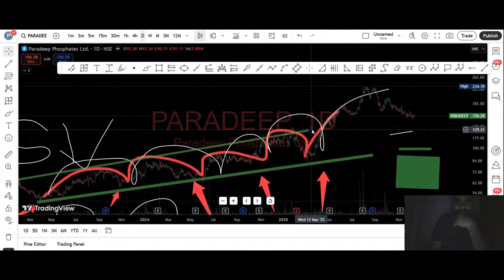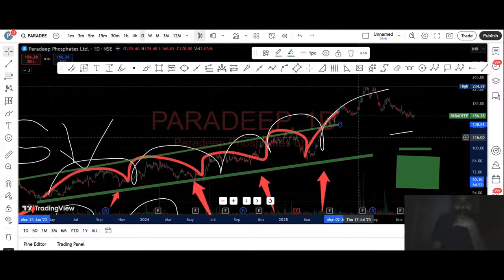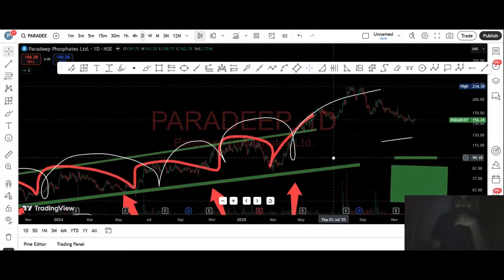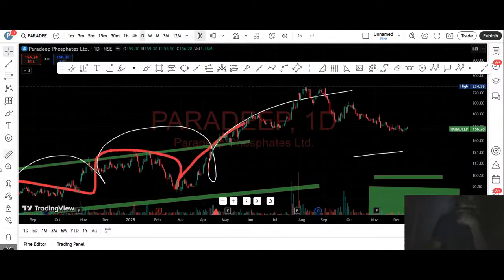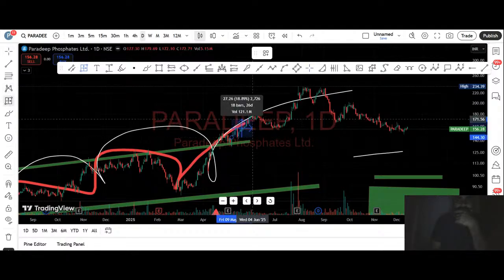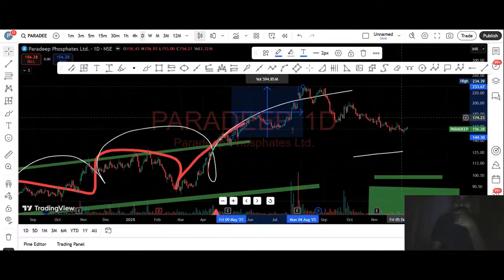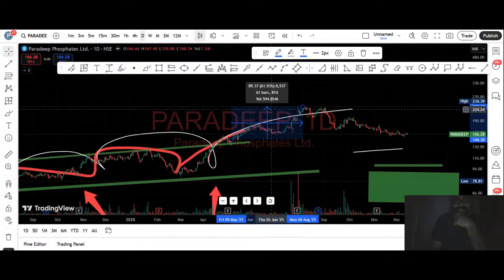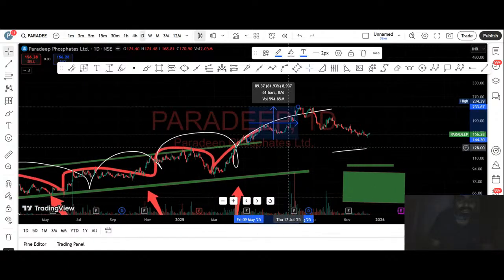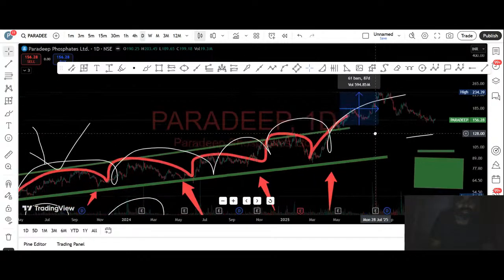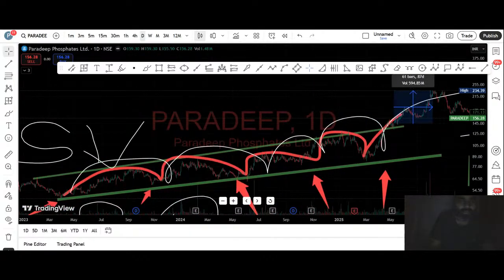Thereafter this breakout, after this breakout point, how much rally happened in the parity phosphates here? Sorry, 61% rally happened after this breakout point, from here to here.